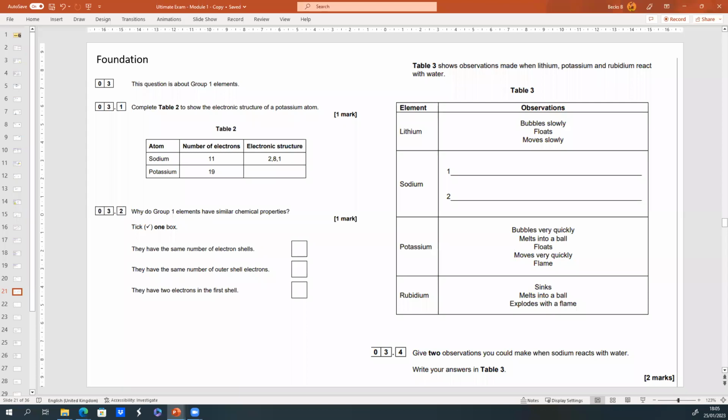Okay, so linking to group 1 then. Group 1: lithium, sodium, potassium. Hopefully you've seen these demonstrated at school. They're quite unusual in that they're a soft metal. They're really quite reactive and they have a low density.